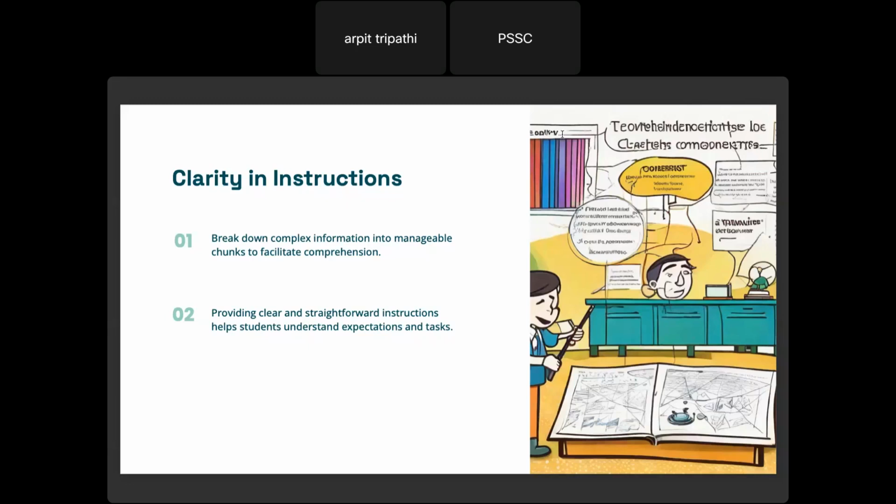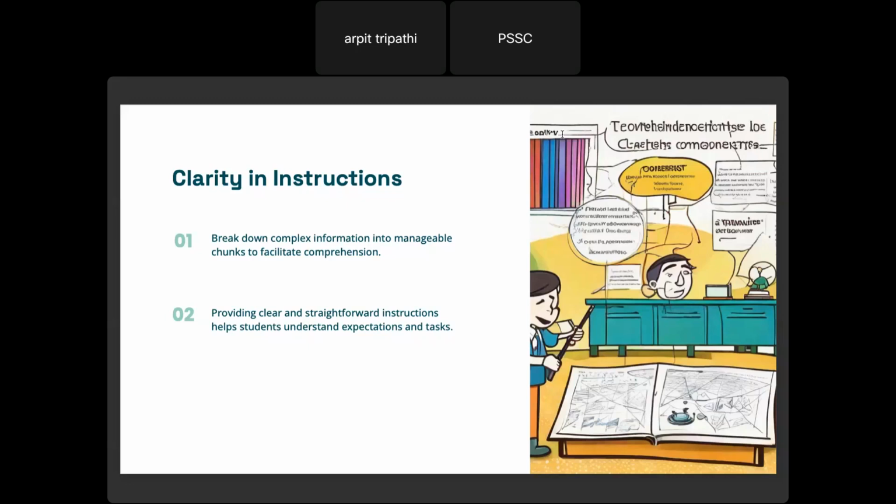Use real world examples, case studies, or practical applications to illustrate abstract concepts and demonstrate how they are used in practice. So concrete examples help students connect theoretical knowledge to real life situations, and it enhances comprehension and retention, which I was already talking about a couple of slides back.